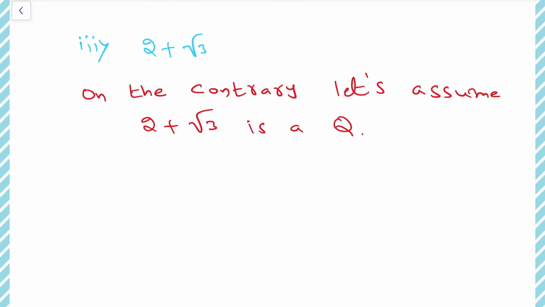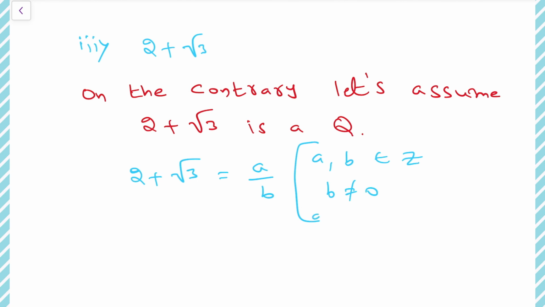So if it is a rational number, we can write that in the form of a by b. So 2 plus root 3 equals a divided by b. Conditions are a, b belong to integers, b not equal to 0, a, b are co-primes.